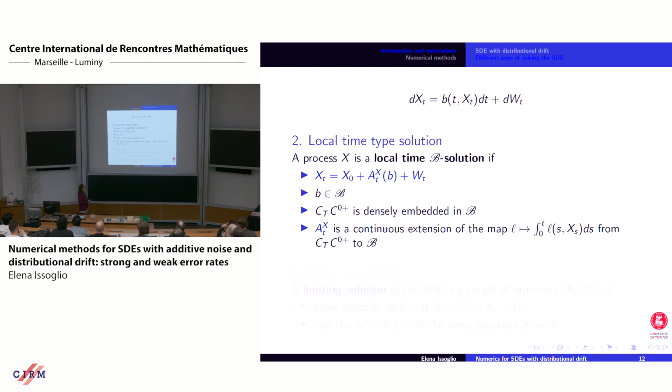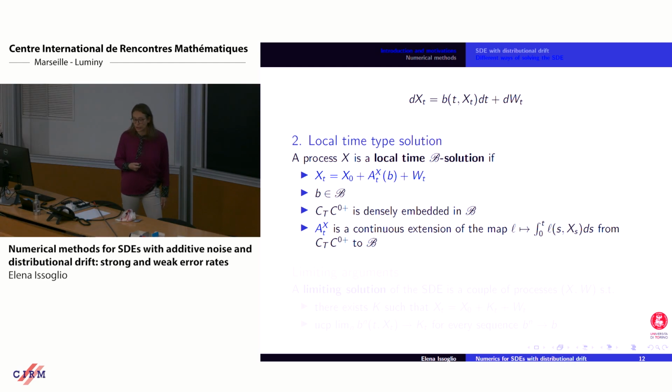This is what you would like to have. However, this integral is ill-defined, so you define it for the b's for which this makes sense. In this case, we did it in C_T C^{0+}, so continuous functions in time with values in C^epsilon Hölder functions in space.